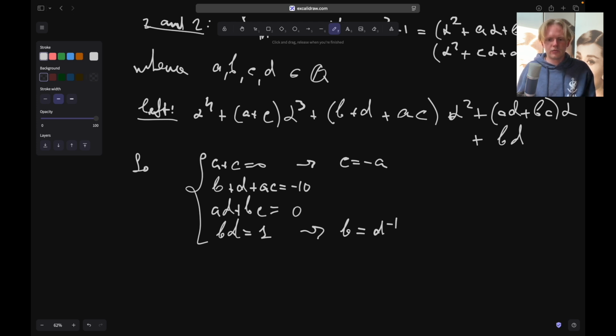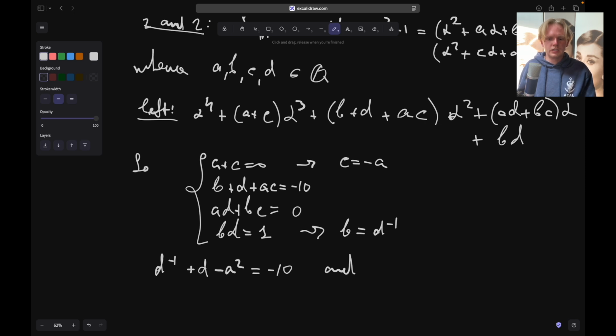So plug it into the first one, we get the inverse of d plus d, actually minus a squared, is minus 10.